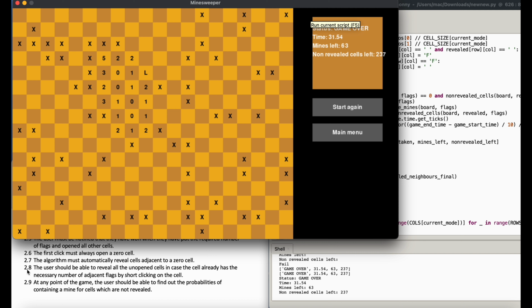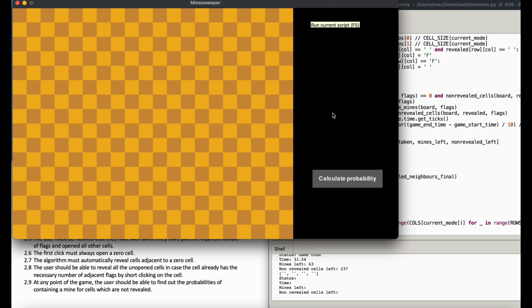Objective 2.8. The user should be able to reveal all the unopened cells in case the cell already has the necessary amount of adjacent flags, by short-clicking on a cell. So let's start again. And so I've put a flag as this cell only has one neighbor mine, and it only has one neighbor unopened cell.